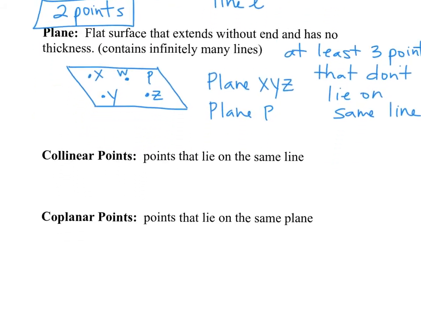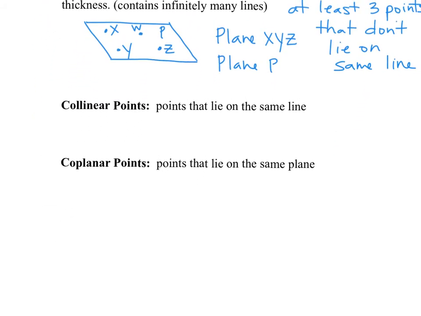The next one is collinear points. And you can see right in there, it's co, like together, and then linear, so on the same line. Collinear points are points that lie on the same line. So if I had this setup, okay, those are collinear points. But what if I said I have this point, and that point?